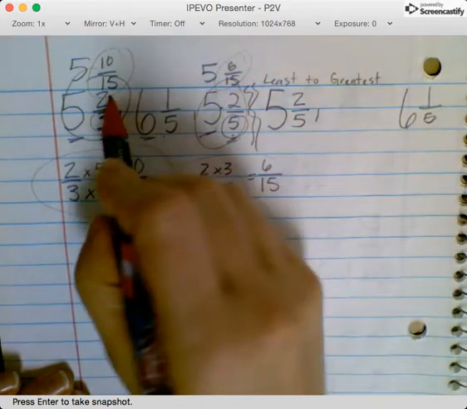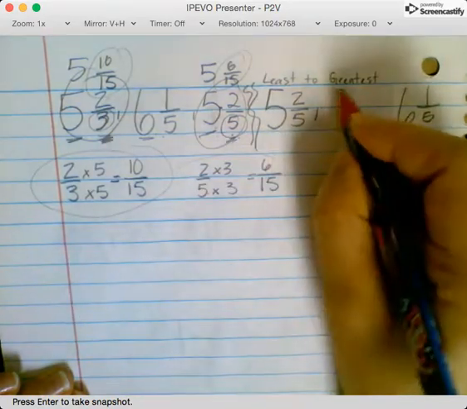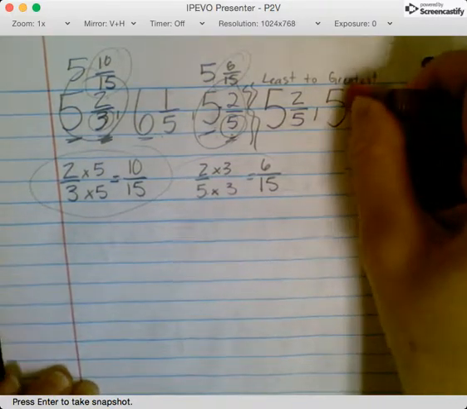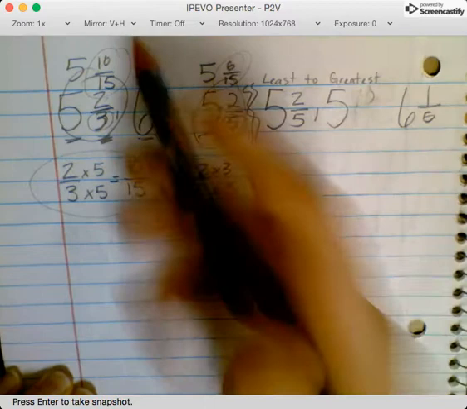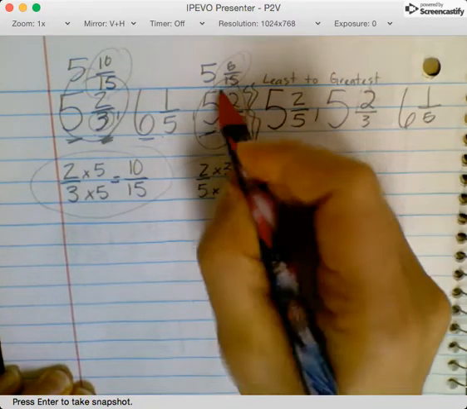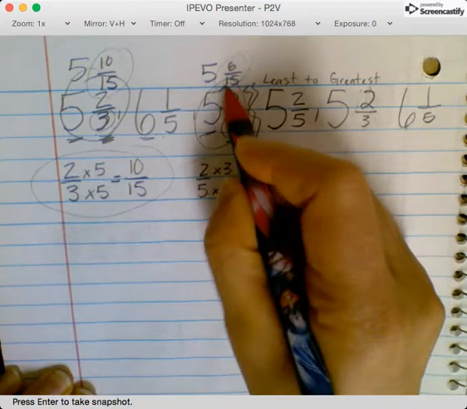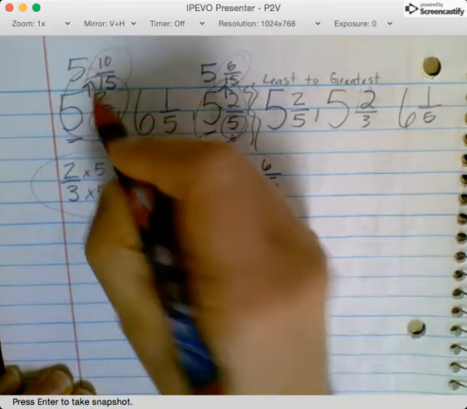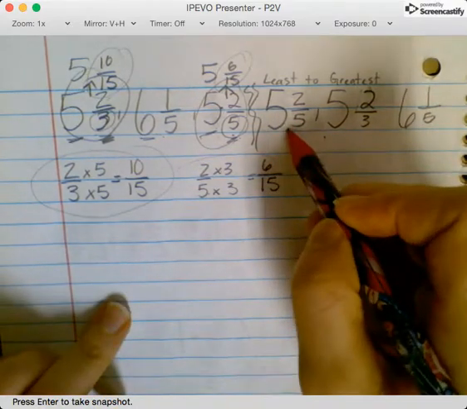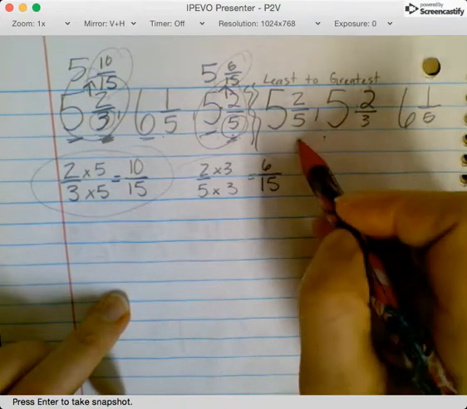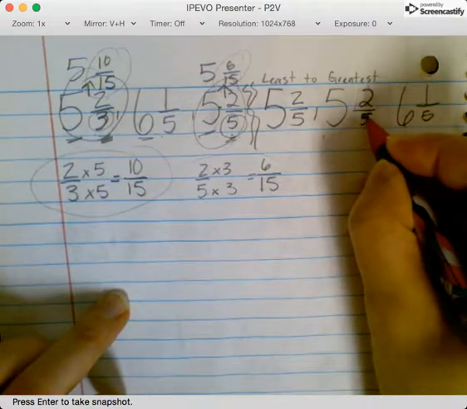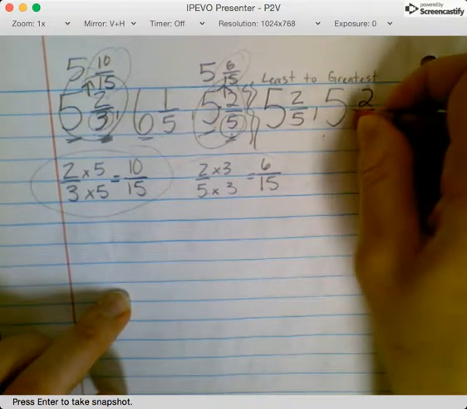And then my next one is this one, 5 and 10/15. I'm going to rewrite it as the original. So it's 5 2/3 actually. I wrote the converted version up above as a reference, but whenever you answer, I would like you to have your answer as the original fractions. Oops, that is thirds.